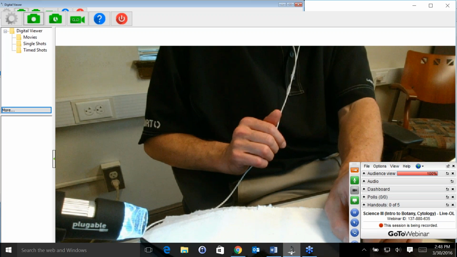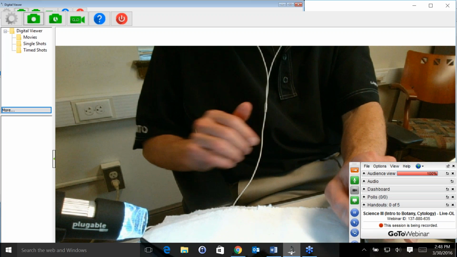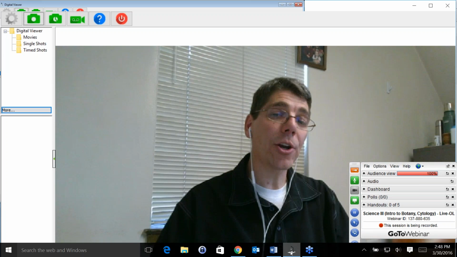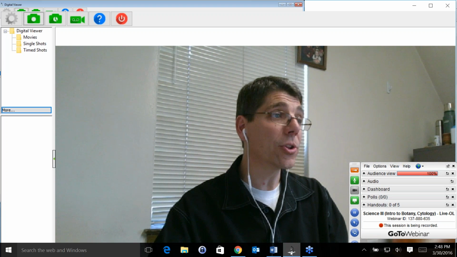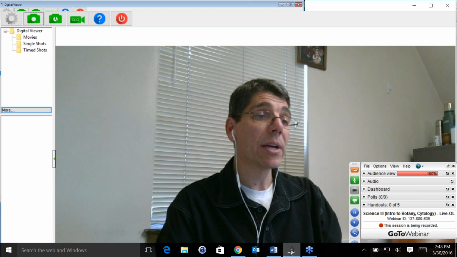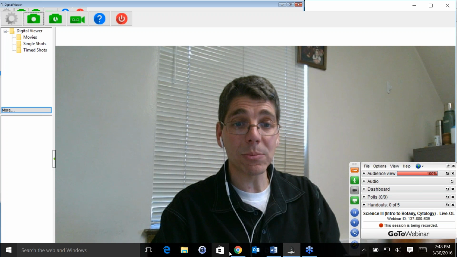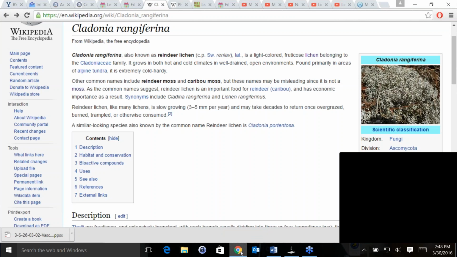So moss is not very hardy. It really needs wet conditions to survive. It tries to send the spores out as soon as possible in order to ensure reproduction when wet conditions come back.